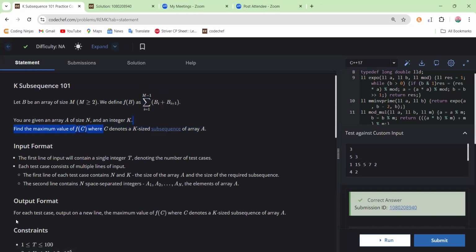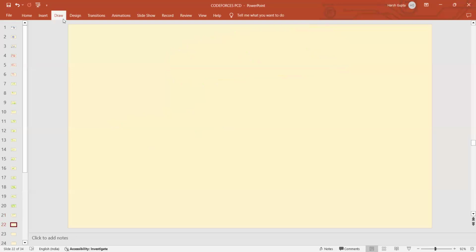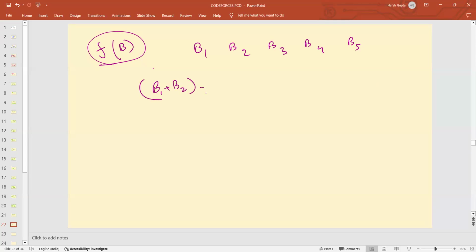So what is the question? First of all, you have been given some function f. If you apply this function f to any array B, let's suppose B contains 5 elements, B1, B2, B3, B4, B5, then f of B is nothing but B1 plus B2, plus B2 plus B3, plus B3 plus B4, plus B4 plus B5.